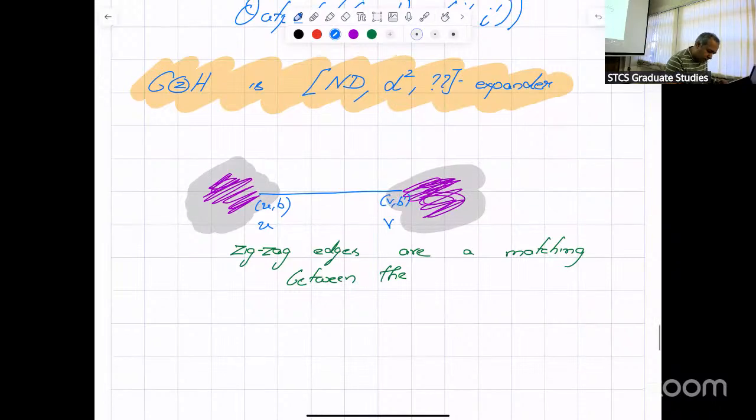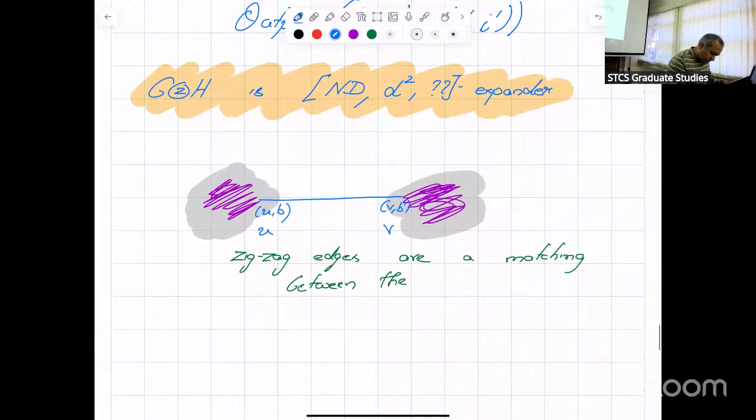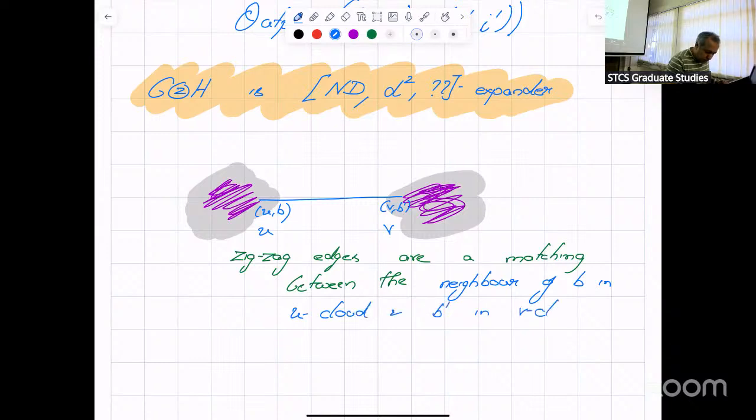A matching between the neighbors of B in the U cloud and B prime in the V cloud. We take that, the one edge is getting replaced by all of these. Okay, that's the zigzag graph.